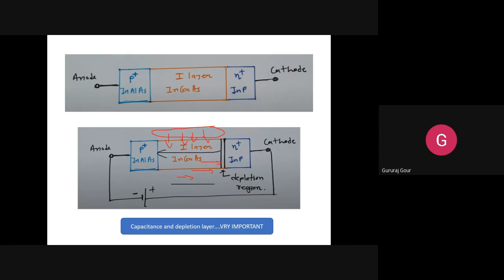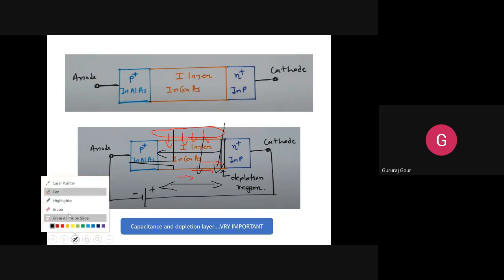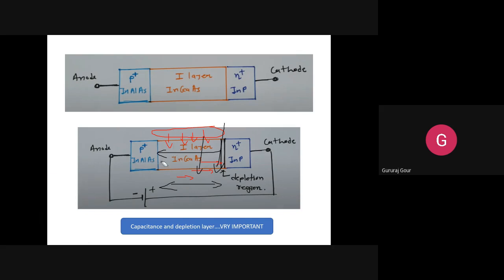We have to make the depletion width this large so that we can let more photons be absorbed. Because in order to absorb more photons, we want more depletion region, isn't it? So we have to widen this depletion region, which is very short in the case of forward bias or unbiased condition.